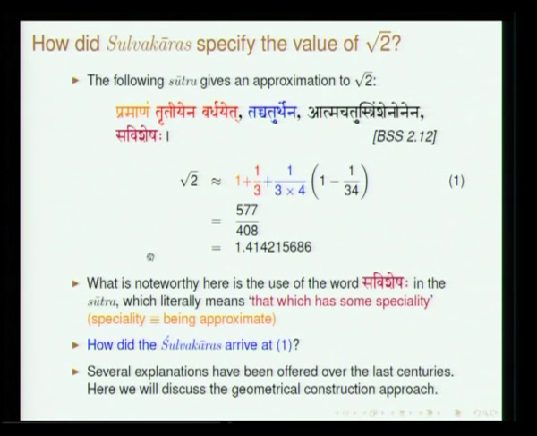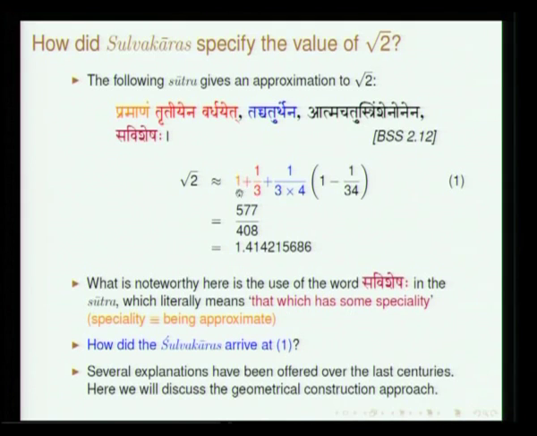Mark the word savishesha. Pramana is basically some unit. You just take some unit measurement. Pramanam 1, tritiyena vardhayet, means 1/3 of it you have to add. Then tat chaturthena. This tat refers to that which is immediately preceding. So, 1/4 of that, 1/4 of 1/3.